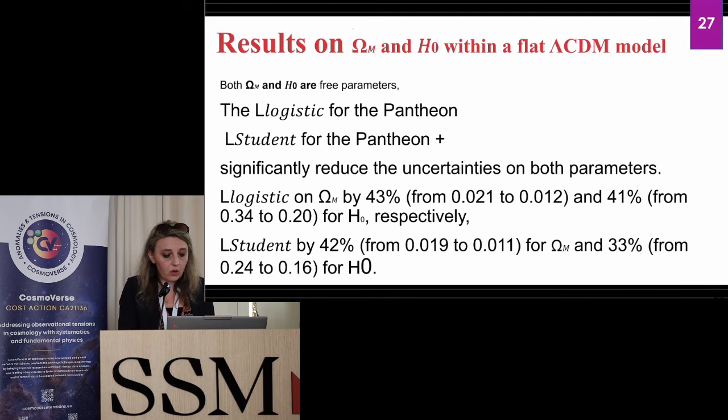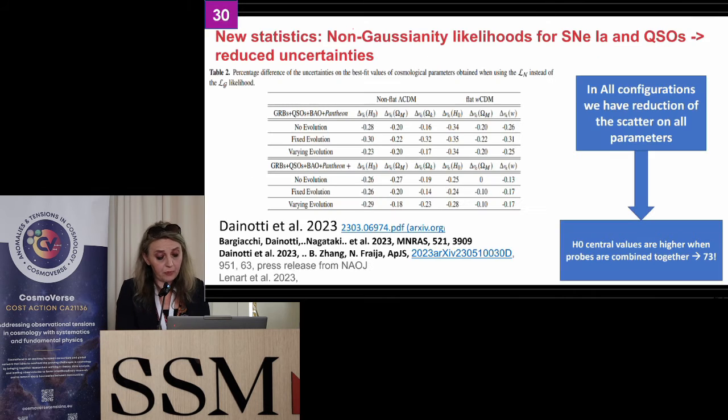We have a considerable reduction in the scatter, by 43% on omega m and 41% on H0 when we consider the logistic distribution. And when we consider the Student's t distribution, it's 42% for omega m and 33% for H0. So it's comparable, 42, 43%, around 34%, according to the sample and the variable that you are considering.